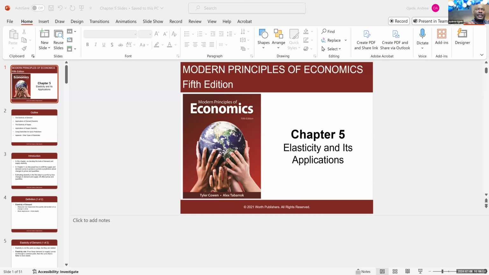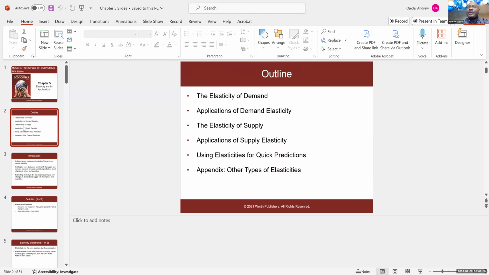Okay, so I'm going to share my screen again. So this is chapter 5, and then we'll talk about it on the other side. So here's my screen. You can see elasticity and its application. So the outline or the learning objective: we're going to talk about the elasticity of demand. Then we'll talk about the application of elasticity of demand, and then we'll also talk about elasticity of supply and its application.